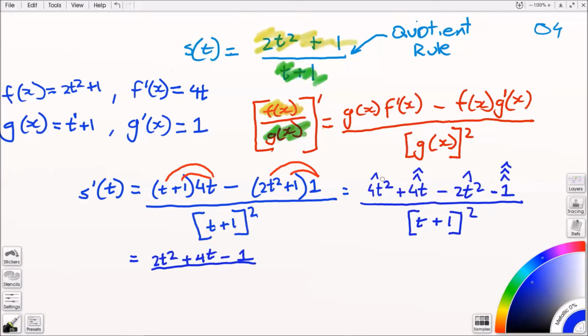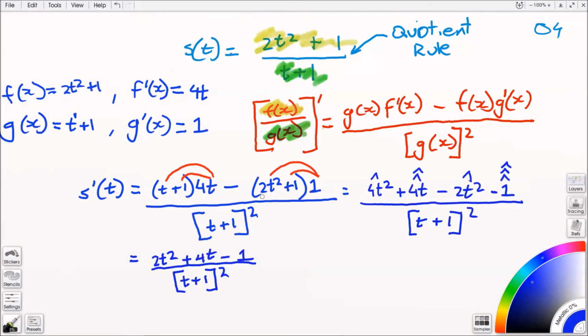By the way, if you're actually doing a test, don't use hats, because that actually means something else. It's just the first thing that popped into my mind. So we have this function here, and I don't think I can further simplify this.